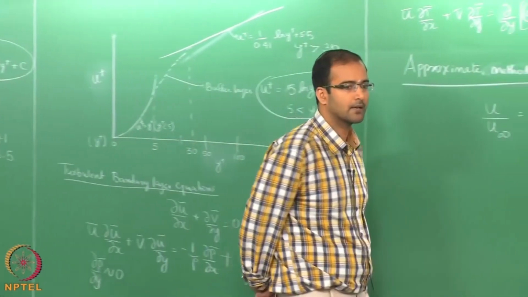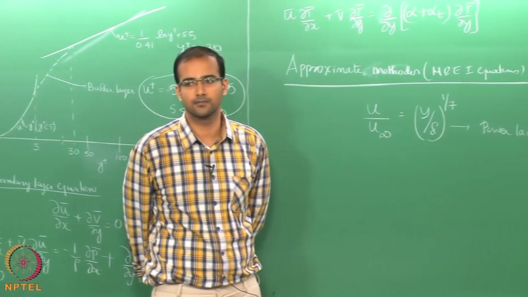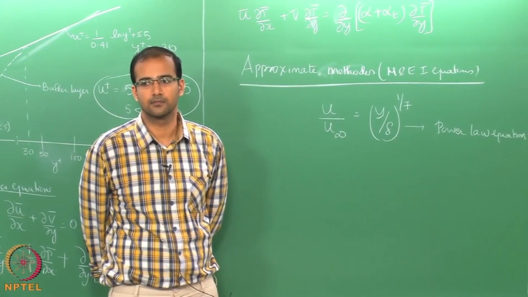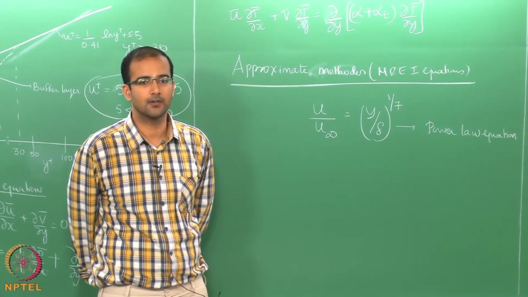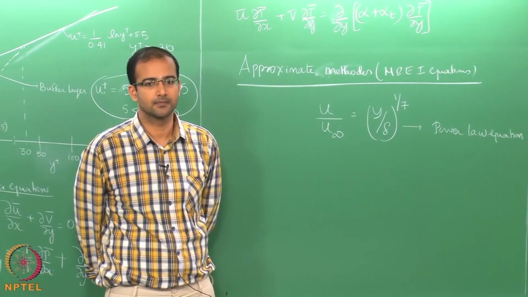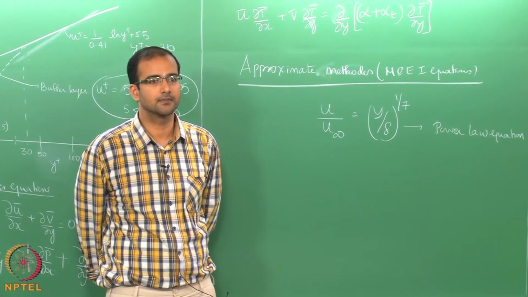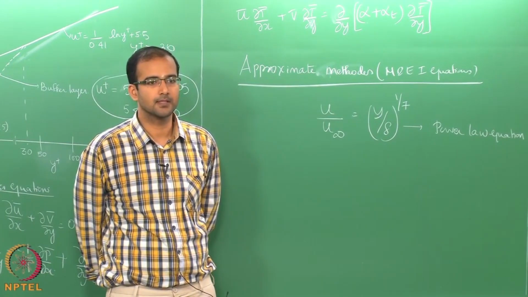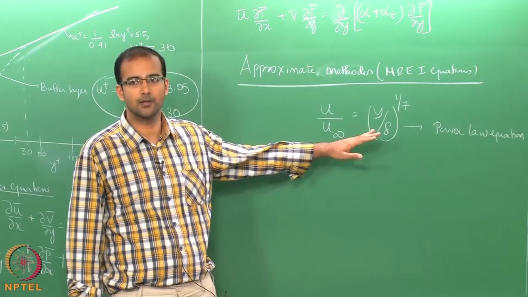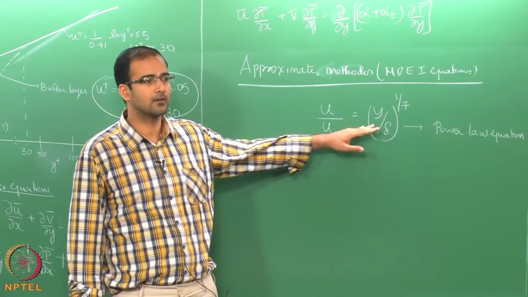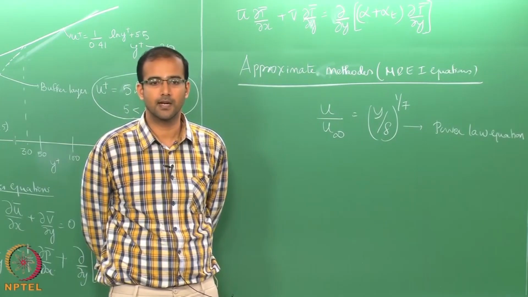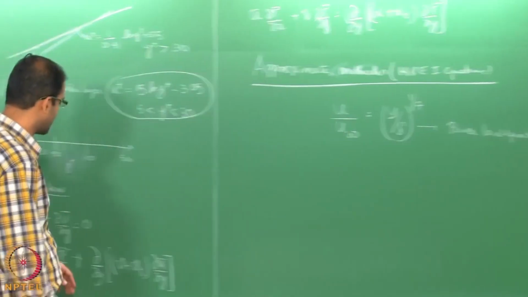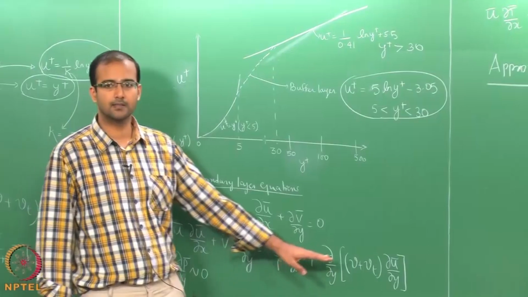So, what happens to the derivative of velocity at the wall? You will have a singularity, correct? So, this is a problem. So, that is why you cannot use this profile to calculate the wall shear stress or the gradient of velocity at the wall, because you need that when you integrate this.